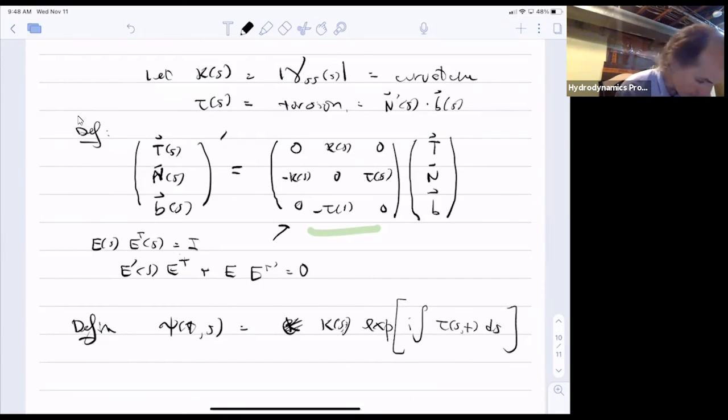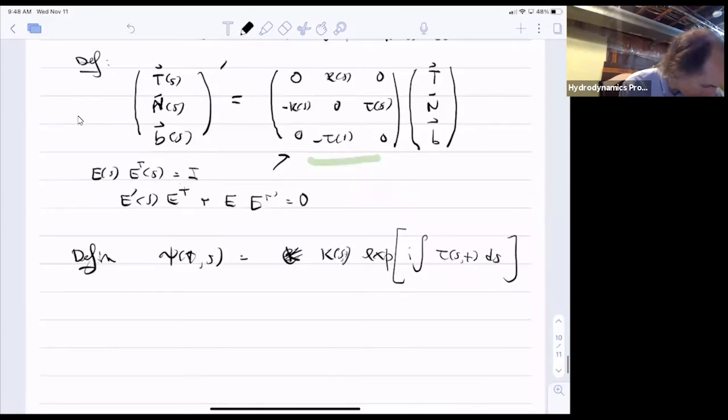Okay, so we define this complex valued function, and then the remarkable fact is that psi solves a nonlinear Schrodinger equation. So a famous PDE, i dt psi is equal to, I have to get the signs right.